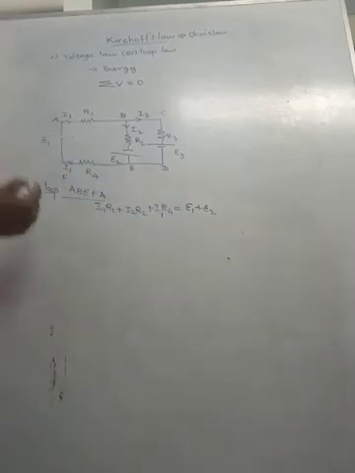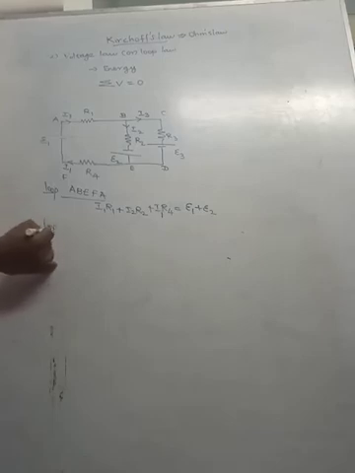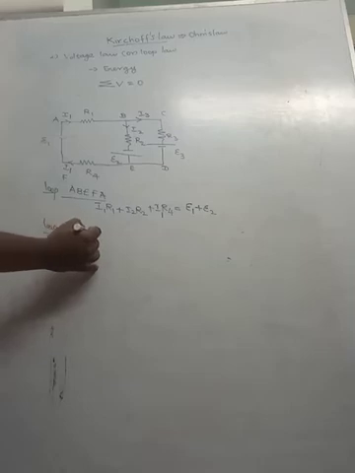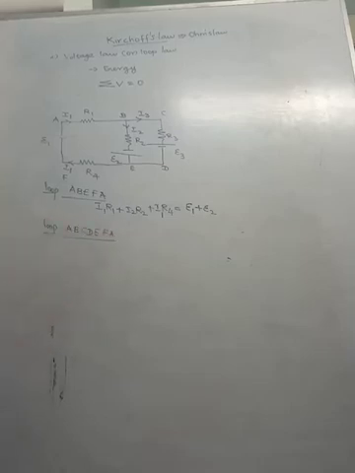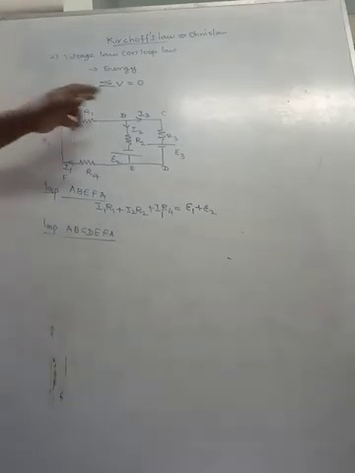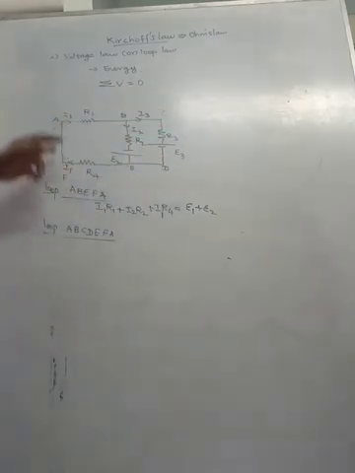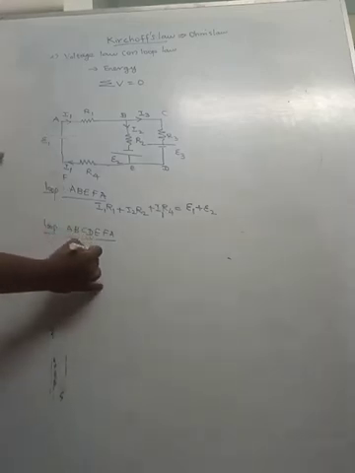Now let me take the big loop. Big loop means let me consider the loop A, B, C, D, E, F, A. Let us take that loop. In this loop, let us use the same I1 R1.